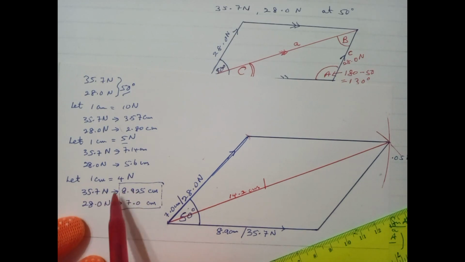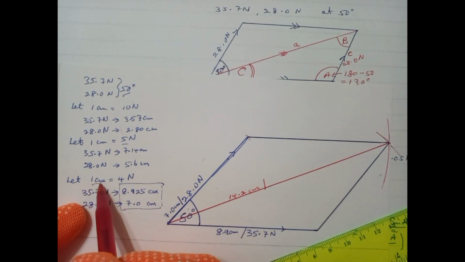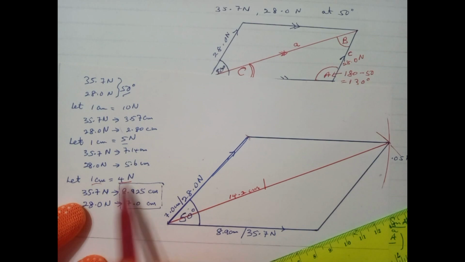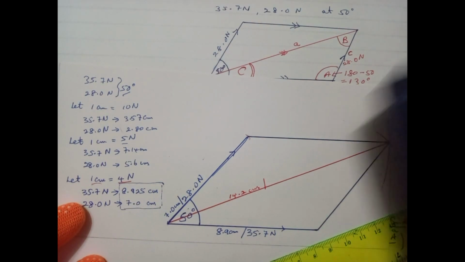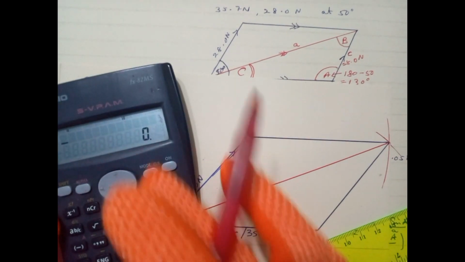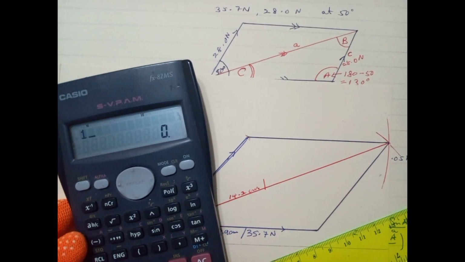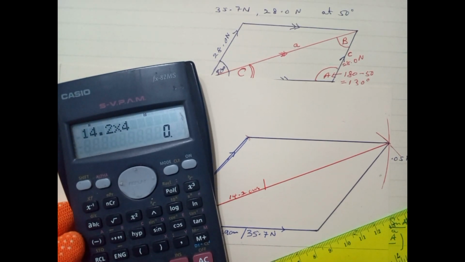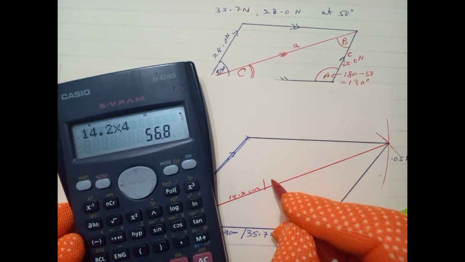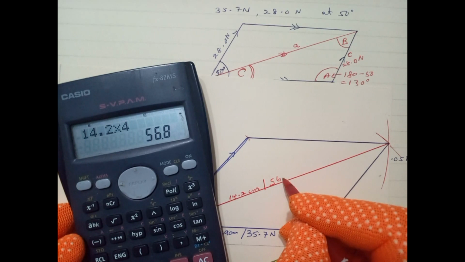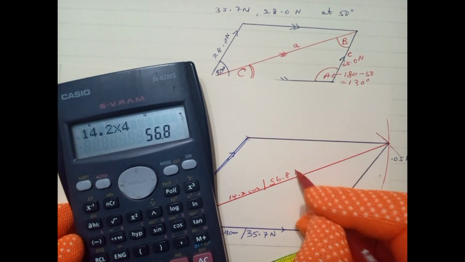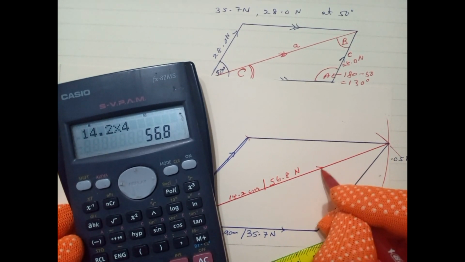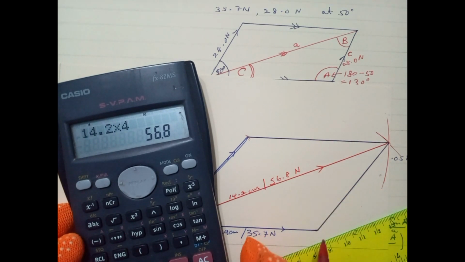Now, since our scale is 1 centimeter equal to 4 newtons, then 14.2 centimeters multiplied by 4 would give us 56.8 newtons. That will be the magnitude of the resultant.